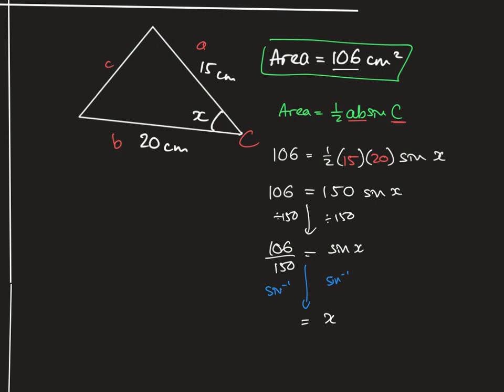And sine to the minus 1, so shift sine of 106 divided by 150, close brackets, gives me 44.964 dot dot dot. And so I know that my x here is 44.9 to 3 significant figures, and that is the degrees there.